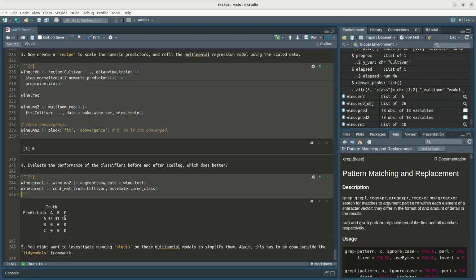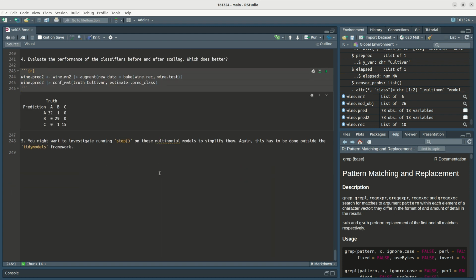So what I did wrong, of course, is that I supplied the test set, which is what I wanted to do, but we've done a transformation. We transformed the training set by scaling everything, and I didn't transform the test set. So what I missed was I needed to bake my recipe, so that whatever we apply to the training set, we also apply to the test set.